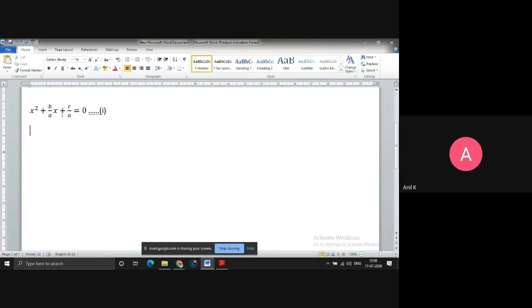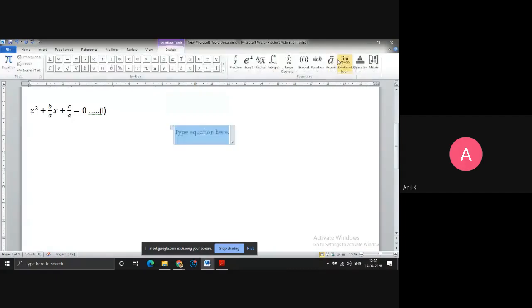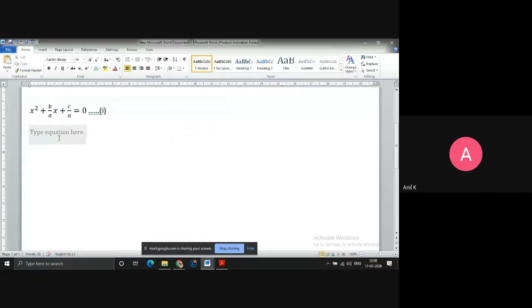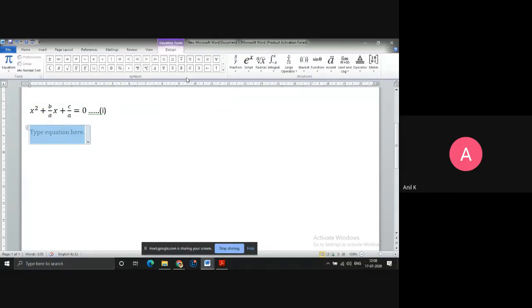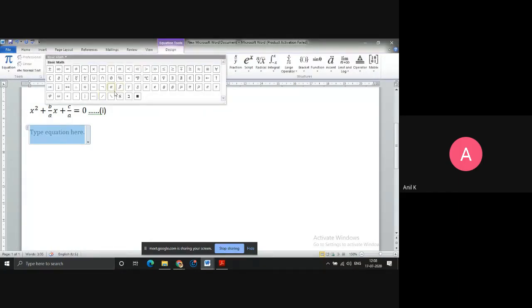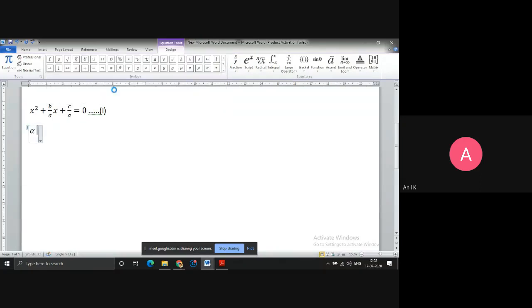We already know, when we defined the relation between zeros and coefficients, we took alpha plus beta as minus b upon a. This is what we derived. The second thing we derived: alpha into beta is c upon a.